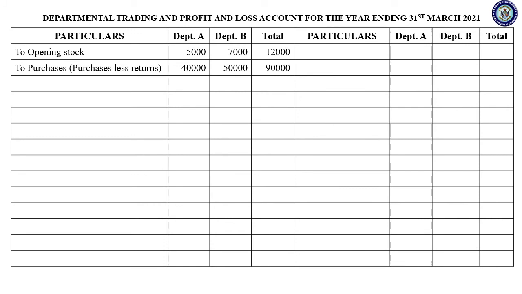Department A: total purchases 42,000, returns 2,000, so 42,000 minus 2,000 comes to 40,000. Department B: 52,000 minus 2,000 comes to 50,000. So 40,000 and 50,000 is my net purchase, after deducting returns.